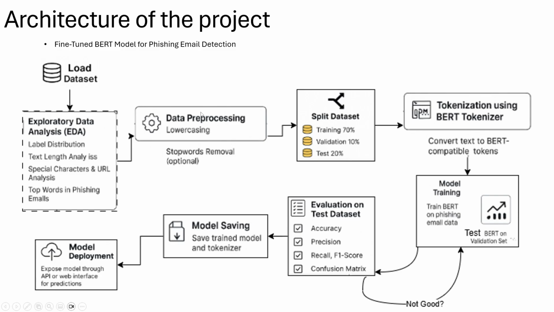Of course, we need some kind of processing as well, for example lowercasing and removing stop words, but we will explain the data processing in detail in the coding part. After that I split the data into 70% for training, 10% for validation, and 20% for testing. You can change these numbers yourself. These are not static, not any proven numbers. You can experiment with them as well. It totally depends on you.